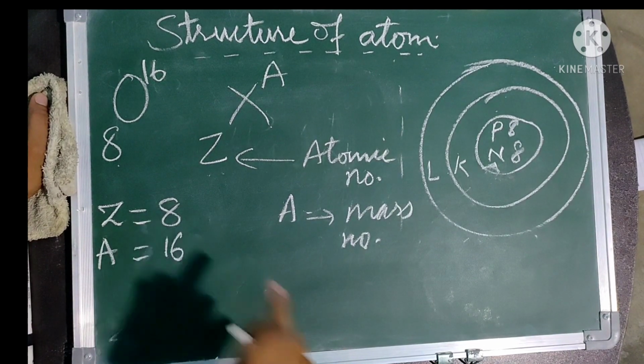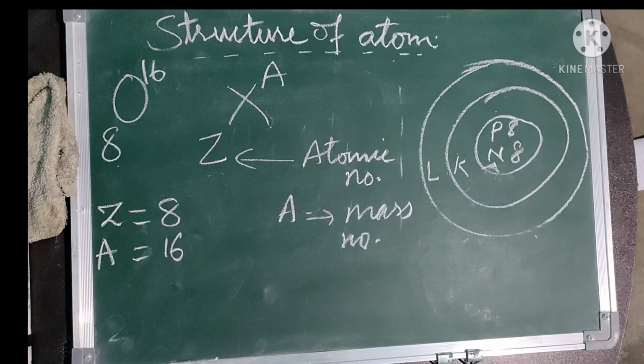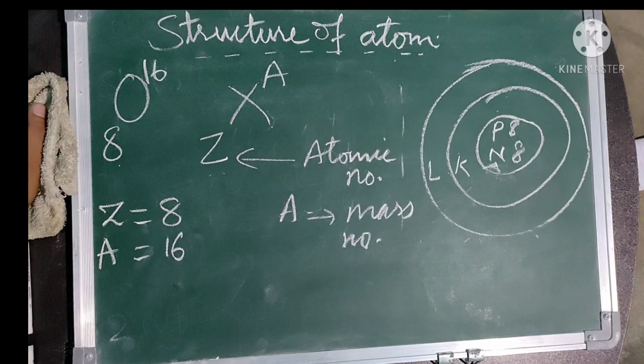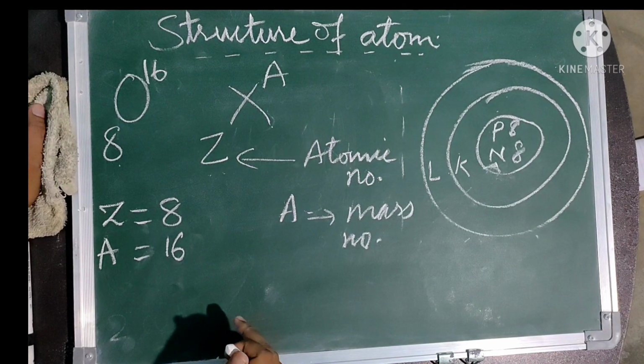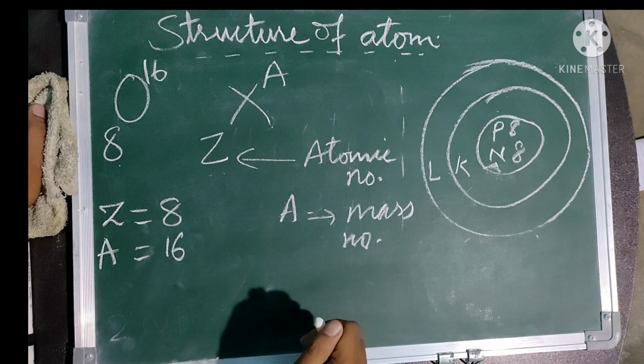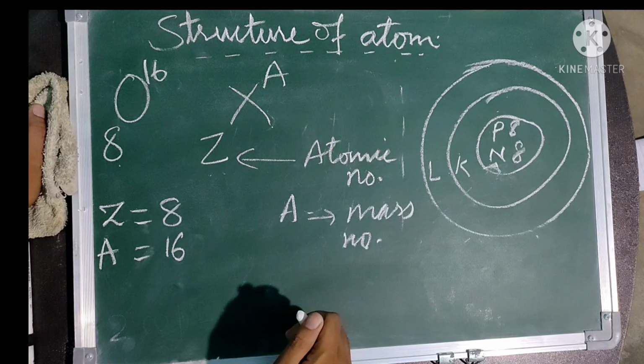Here Z means number of protons present in the atom of the element, and hence we can say that oxygen has 8 protons, and also it gives us the indication of number of electrons in its atom, its shell.